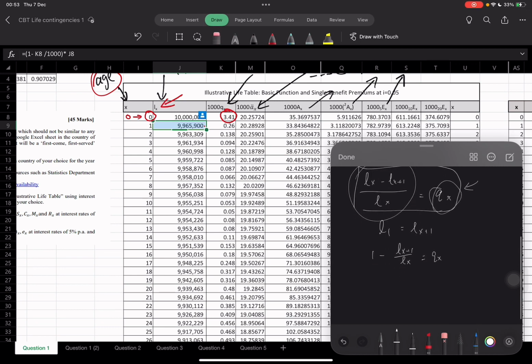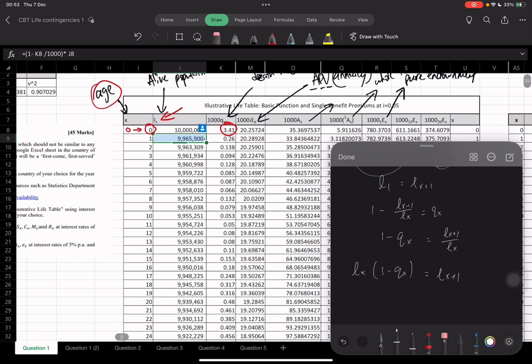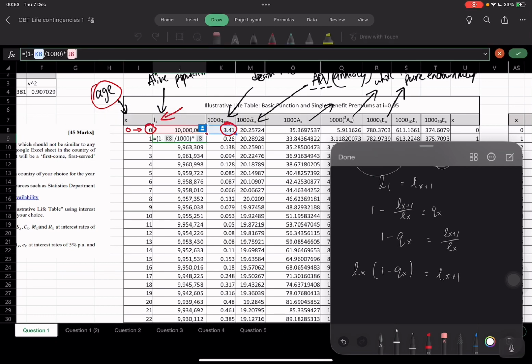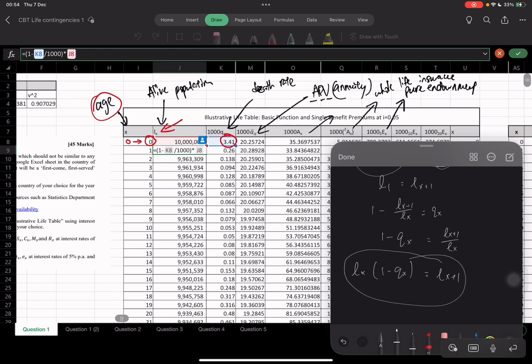We can see that 1 minus qx equals l(x+1) divided by lx, and the whole thing times lx is equal to l(x+1). So by using this formula, we can obtain l(x+1).